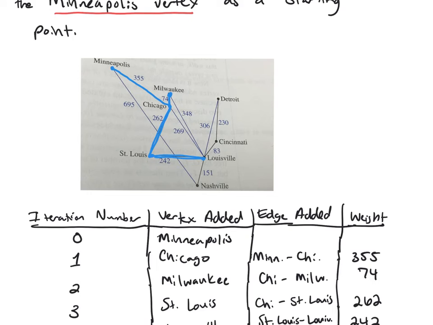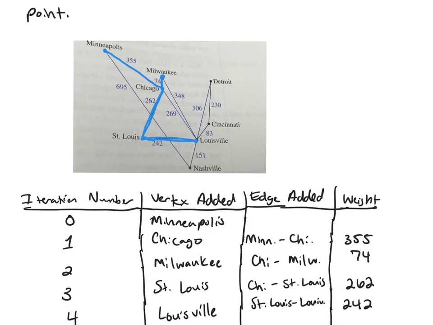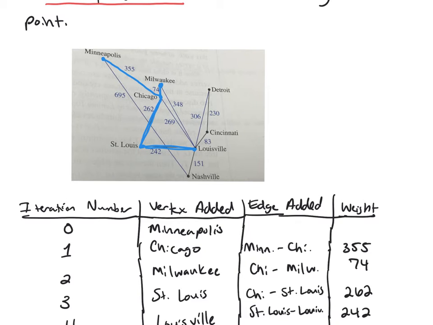Okay, so now for our next iteration, we're going to look at the vertices here. Which ones are we looking for? The ones connected to vertices that are blue. So that one, that one, that one. And then any coming off of Louisville.